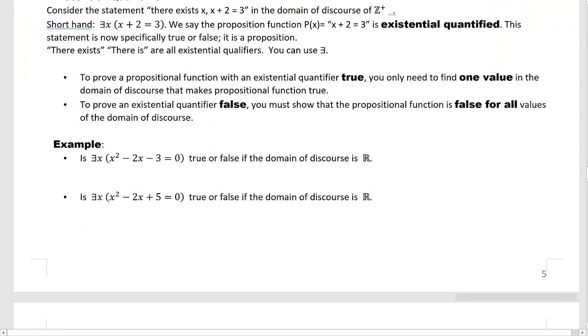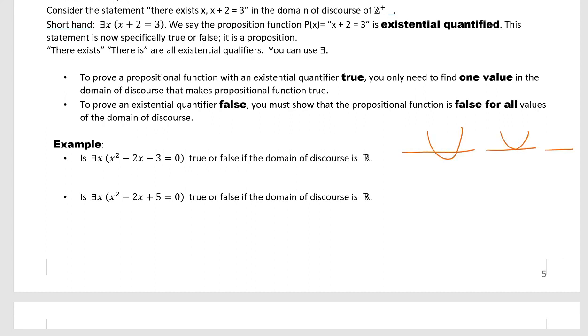Let's look at the examples. Examples help us to understand. Example: there exists x such that x squared minus 2x minus 3 equals 0, true or false, if the domain is R. Well, this is a quadratic function. Do you remember quadratic functions? A quadratic function is a parabola. For a parabola there are 3 cases.